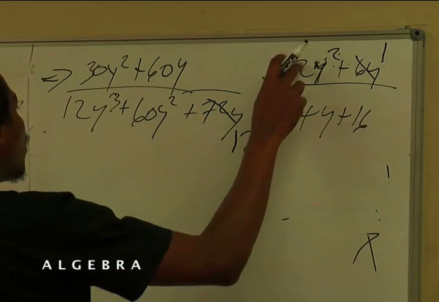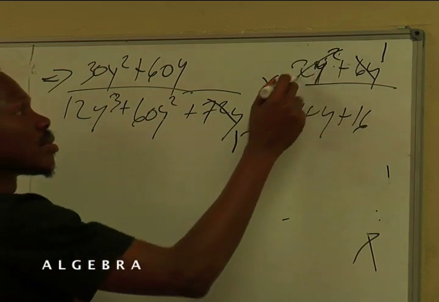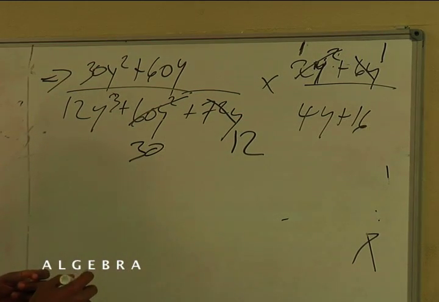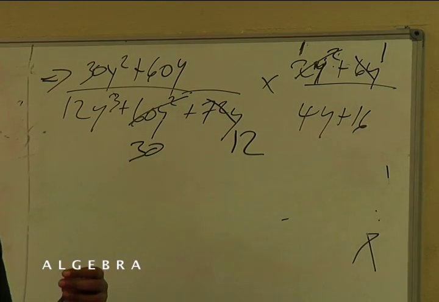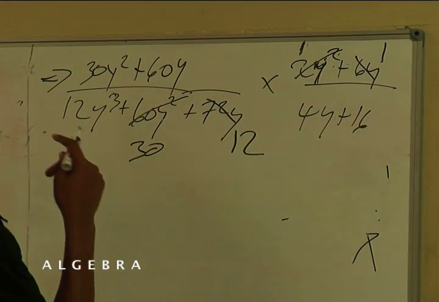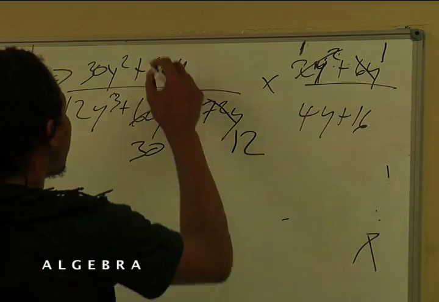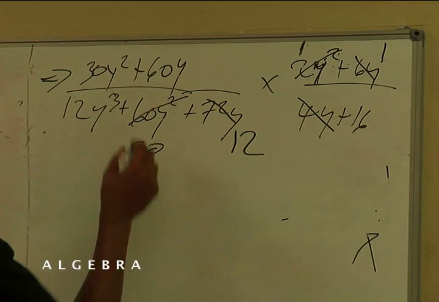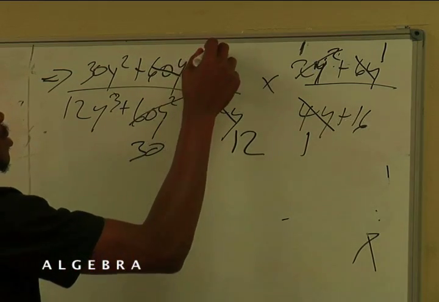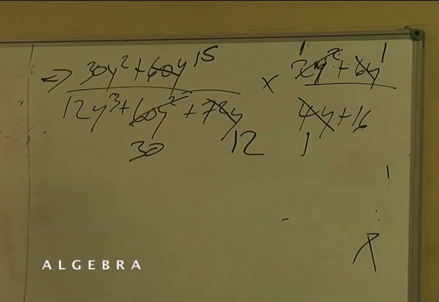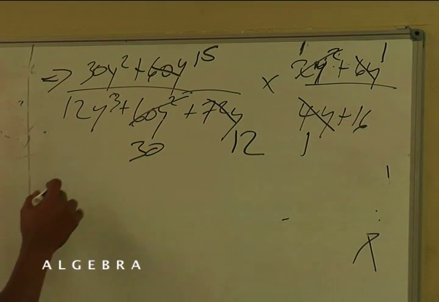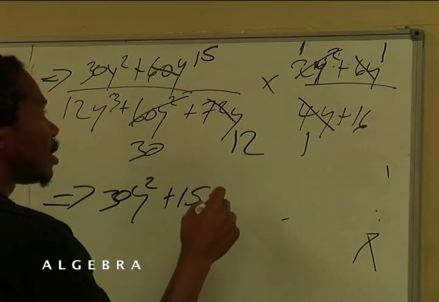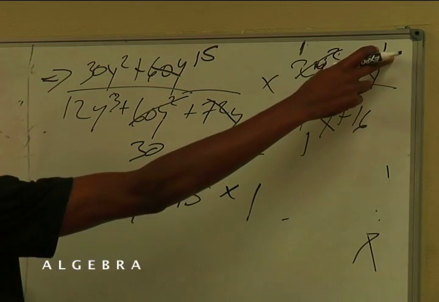Alright, look again now. 2y squared can go into 60y squared 30 times. 4y can go into 60y 15 times. That look like it? This implies 30y squared plus 15 times 1, because this is a 1 and 1.